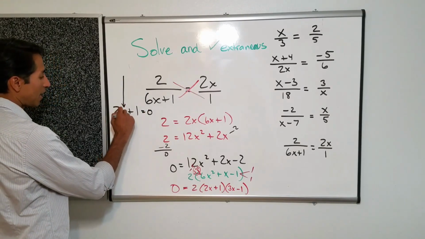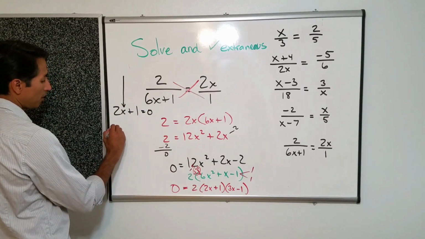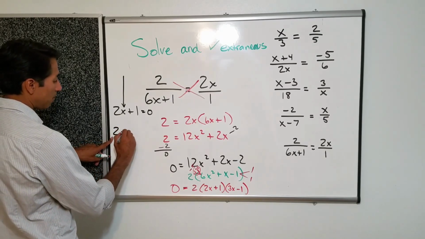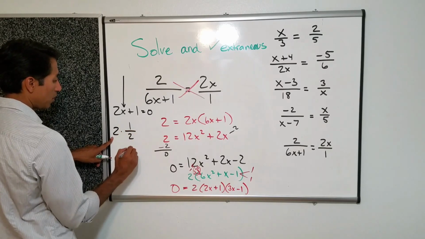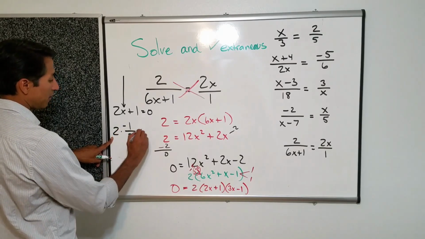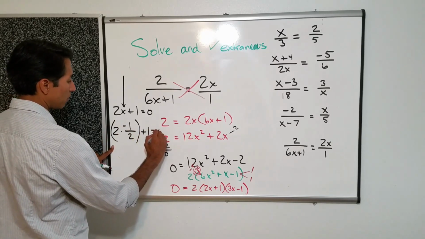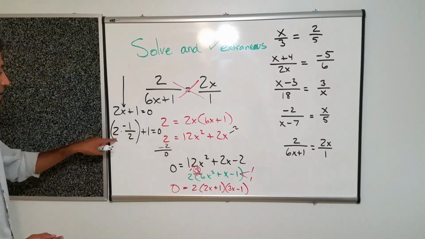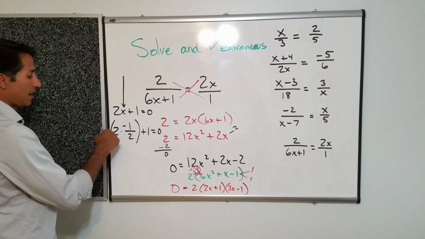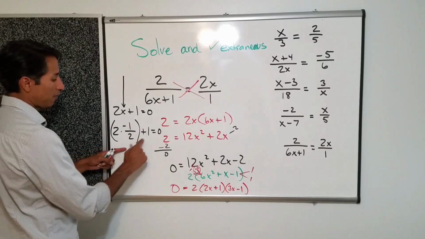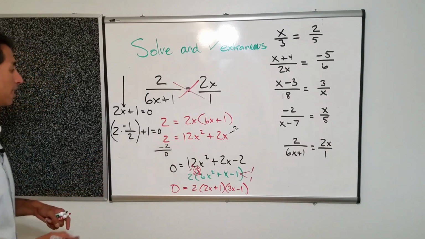So this fraction here would be 2 times, like I said, use the number on the bottom, put it over 1, and make it negative, plus 1 equals 0. Because then when I multiply these, I get negative 2 over 2, which is negative 1. Negative 1 plus 1 is 0. And then I'm all set.